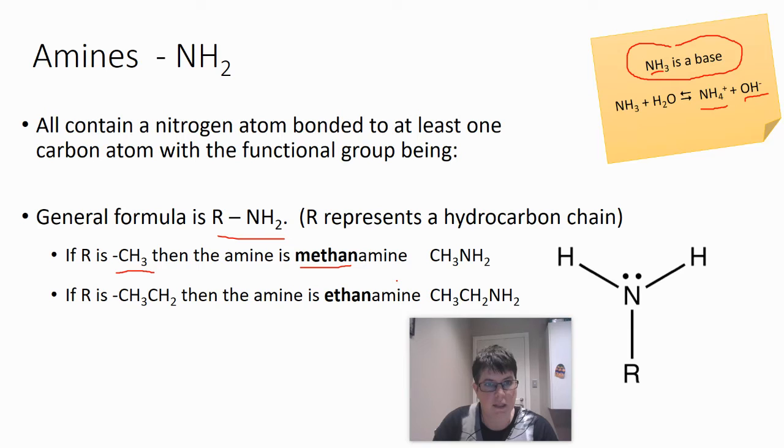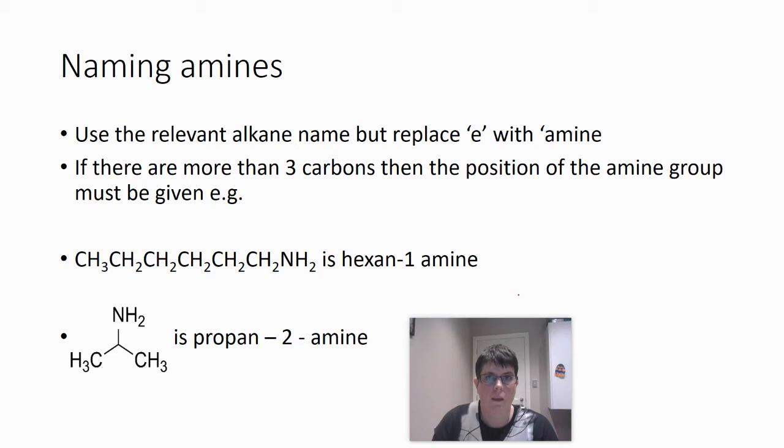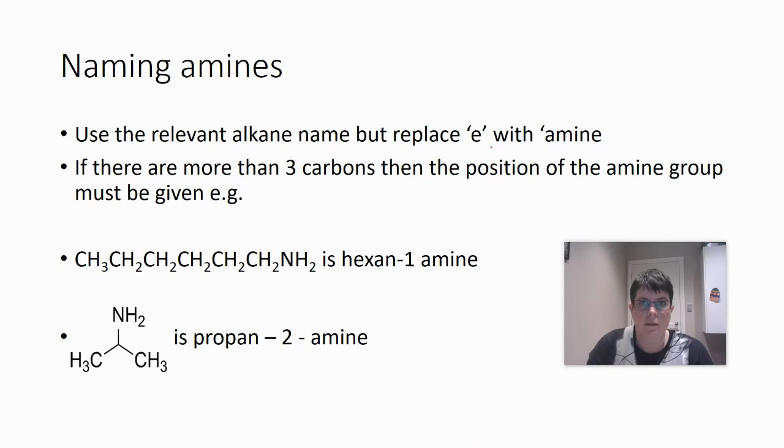We just put amine at the end. If the R was an ethyl group, then it would be ethanamine. So we just replace the E at the end of the parent name with amine.